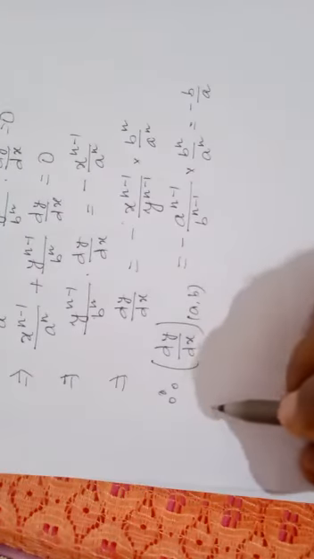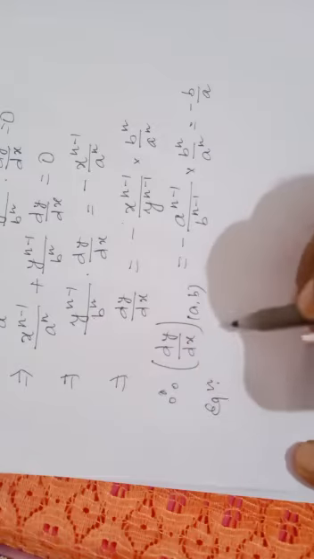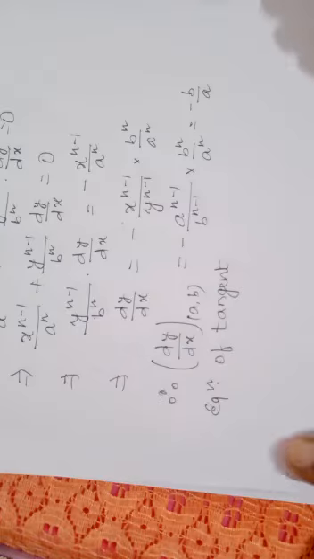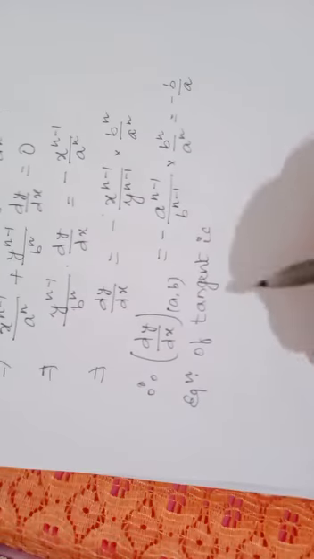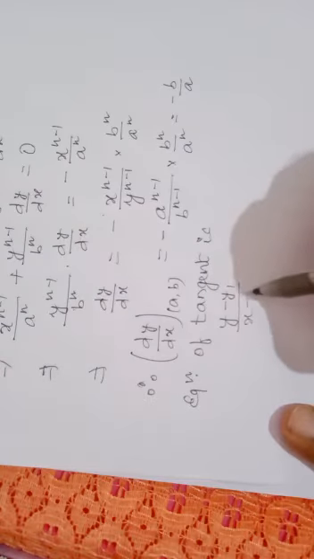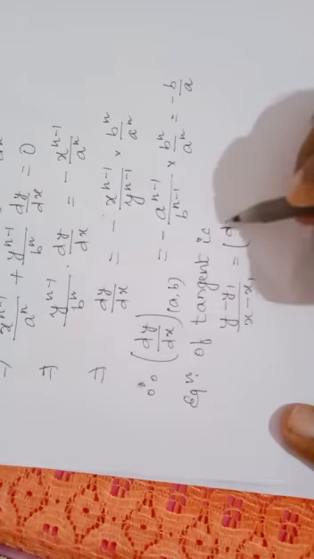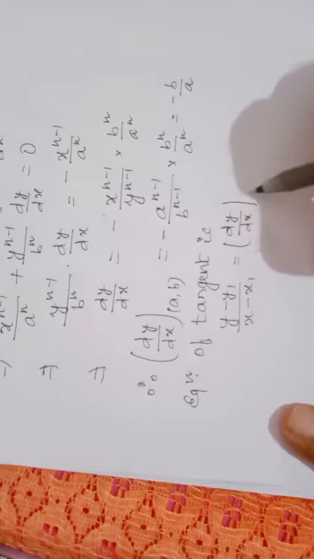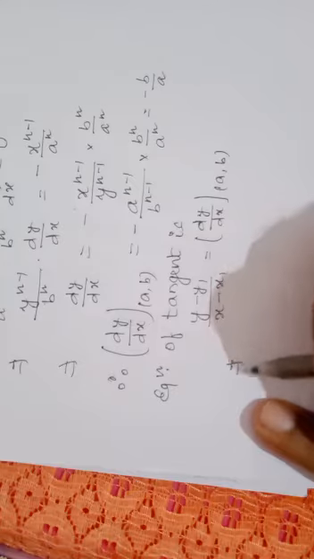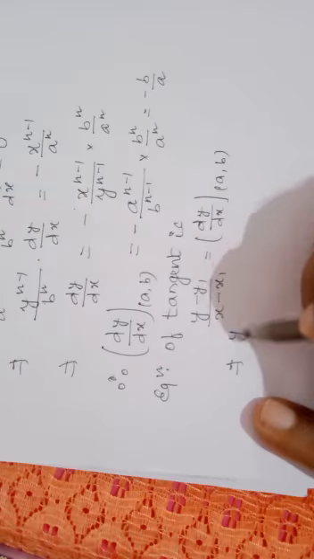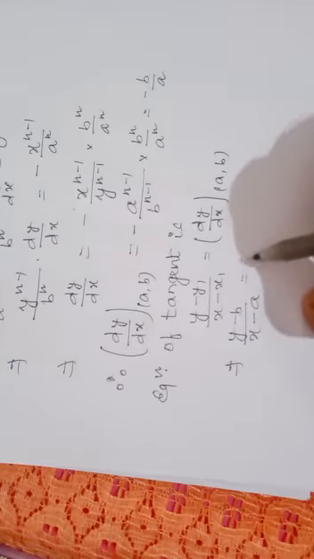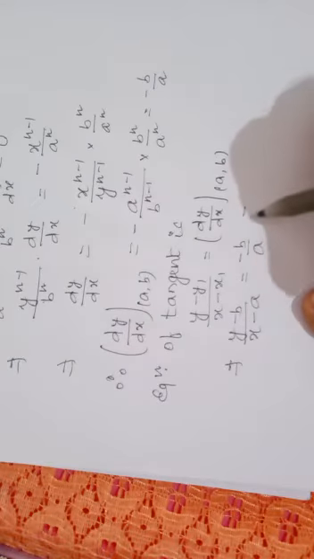Now, the equation of tangent. Write down the formula. The equation of tangent is (y - y1)/(x - x1) equals dy/dx at (a, b). Write down the values of x1, y1. So (y - b)/(x - a) should equal minus b/a. Simplify this one.